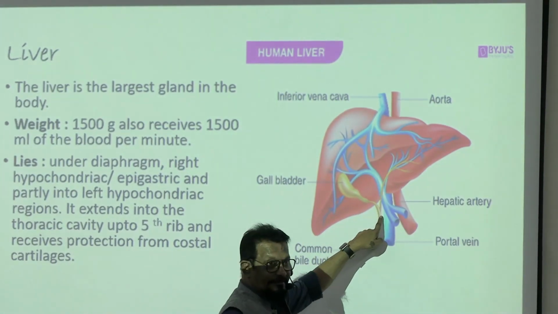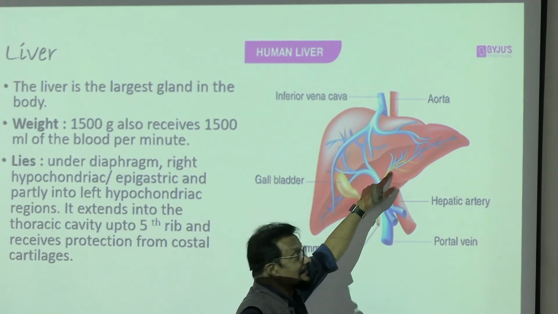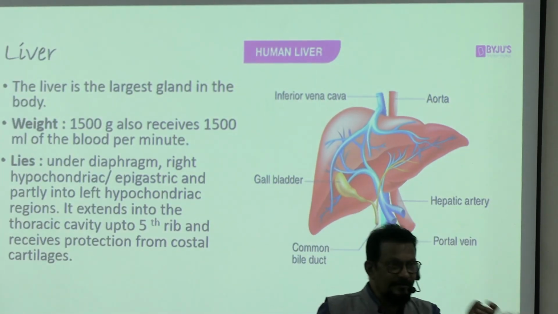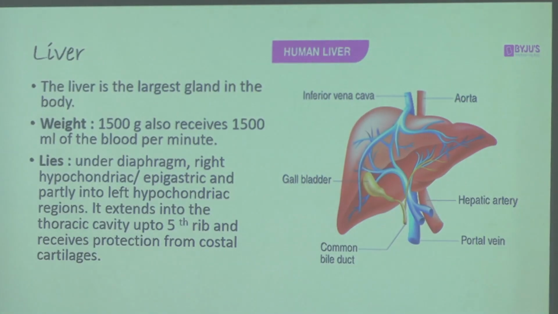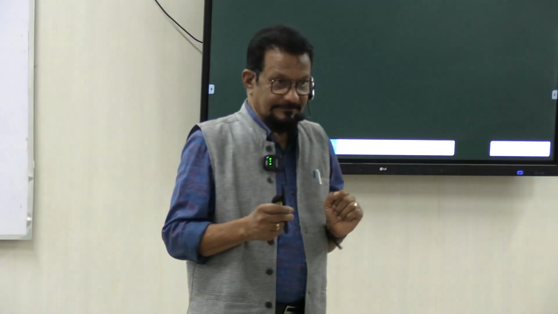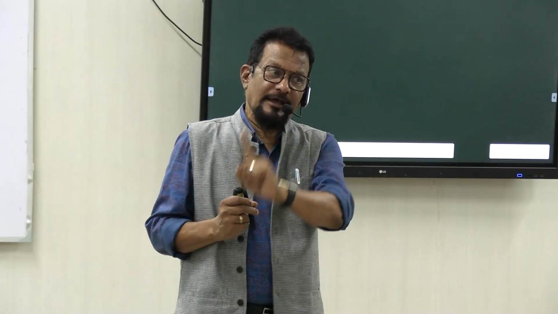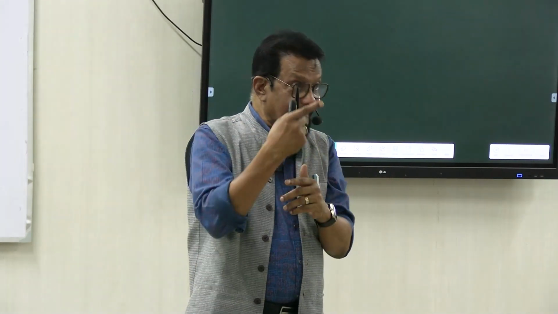When this is obstructed, the ducts will be dilated. Sonographically it can be seen: there is hepatobiliary dilatation of bile ducts, meaning somewhere it is obstructed, near the ampulla of Vater.